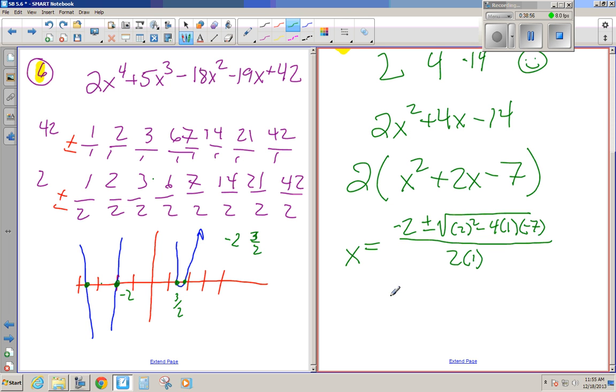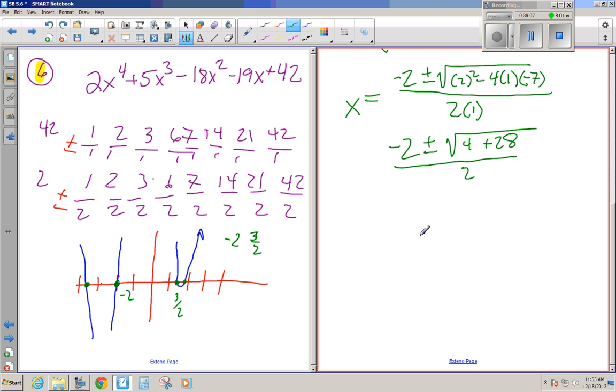And I know some simplifying, -2 plus or minus, that's 4 plus 28. That's -2 plus or minus the square root of 32 over 2, which will give you the correct answer.